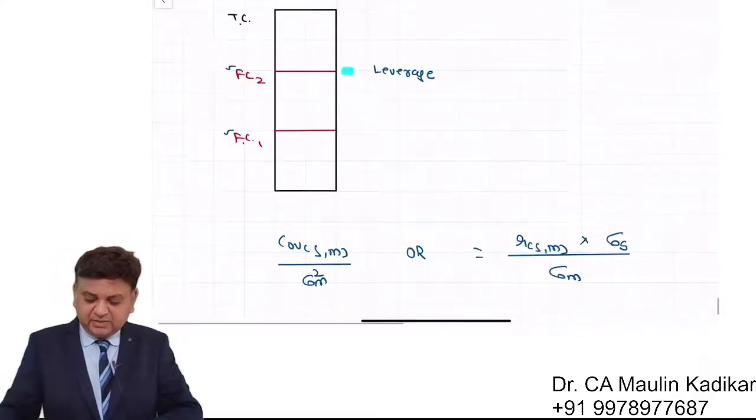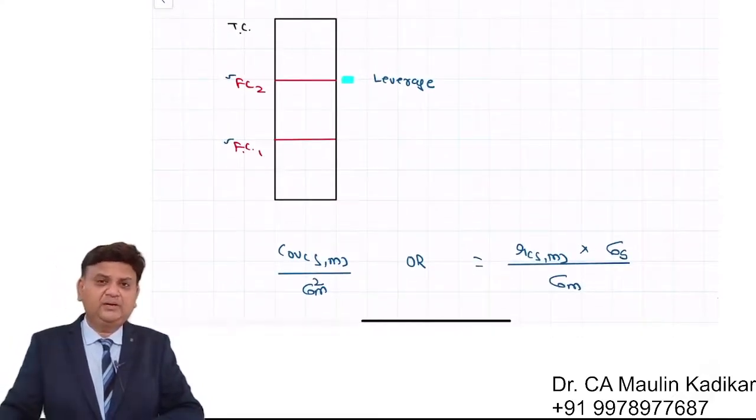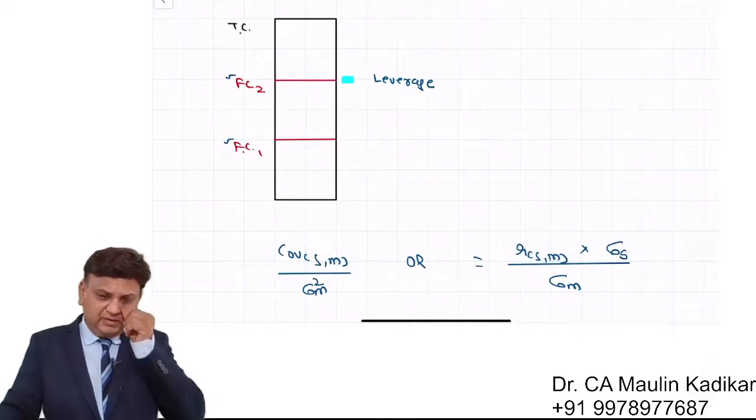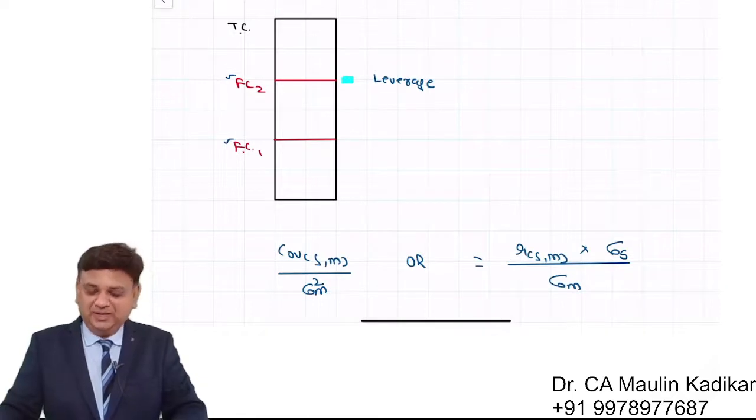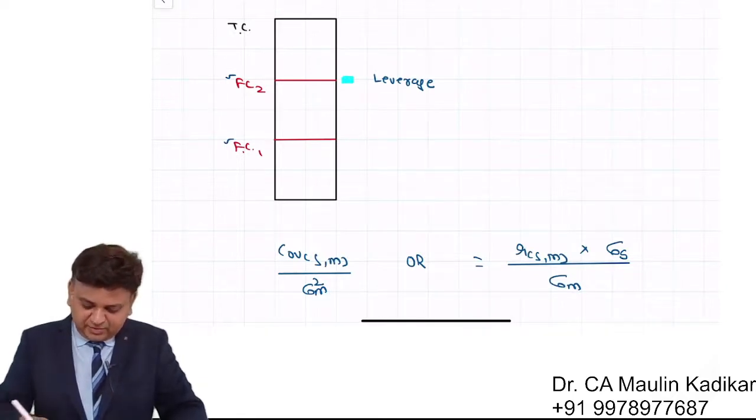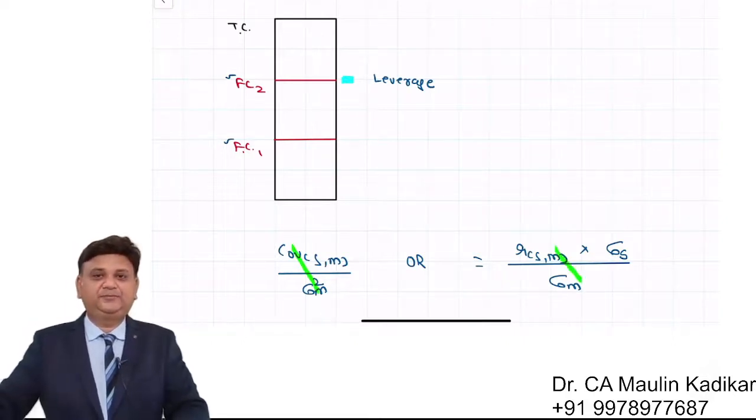So beta can be calculated by either formula. There are some other formulas also, however these are the two basic ones. Don't worry, you don't have to remember any formula. I am writing this only for your understanding.